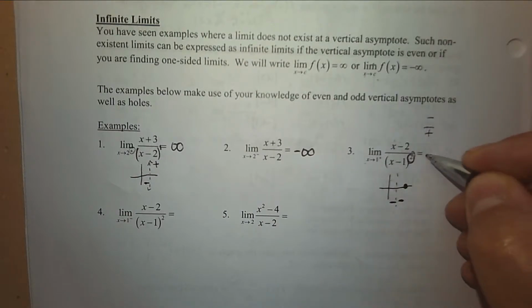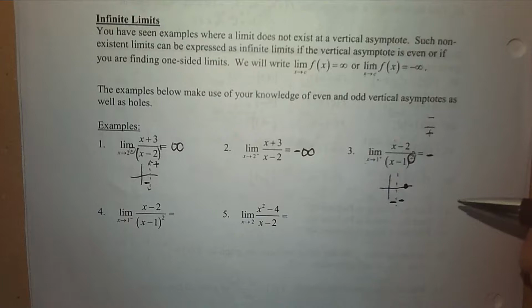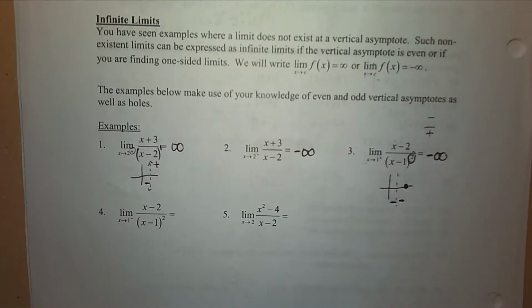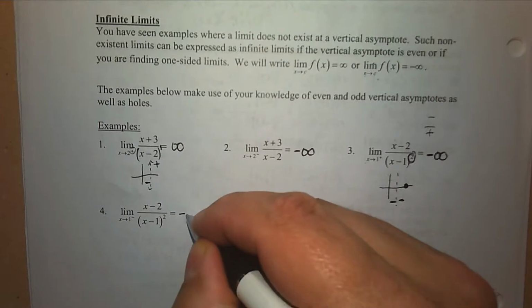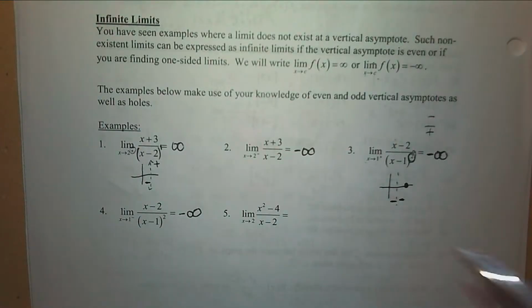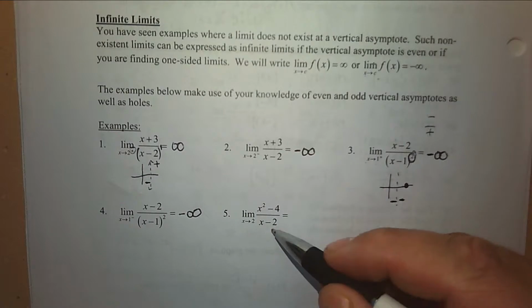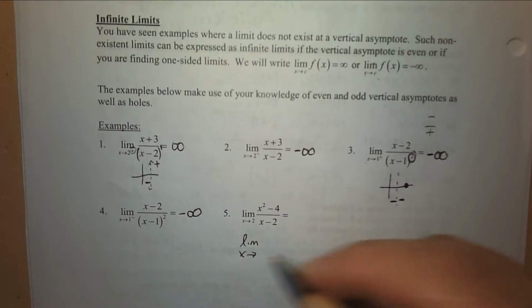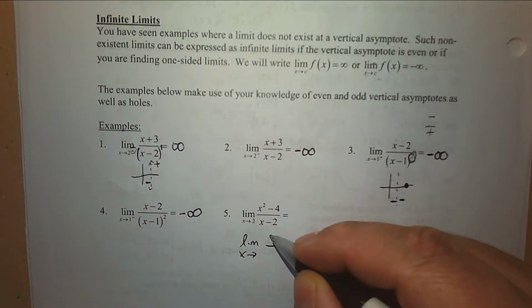So, from the right side, where does it approach? Negative infinity. From the left side, where does it approach? Same one. Negative infinity. And what's happening for number 5? Is this an asymptote or a hole? How do you know? So you first have to simplify it and see if it's removable, correct?